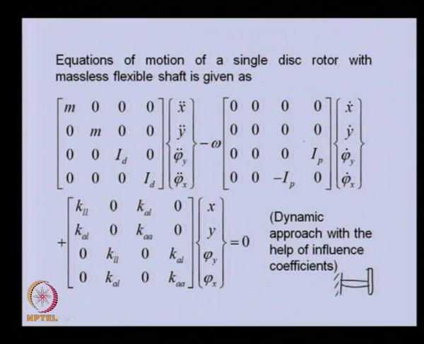Now we will be using this particular gyroscopic matrix in the finite element formulation. So we are taking this separately, but we will see that the stacking of the displacement vectors is different here: two linear displacements and then angular displacements, but in the finite element formulation we have one linear, then angular, then linear, angular for nodes 1 and 2.